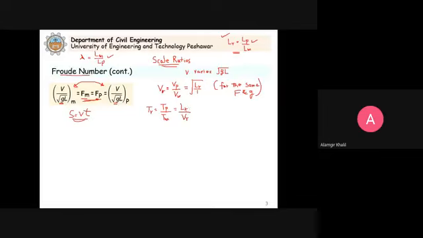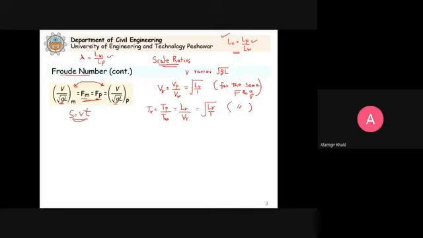Remember, whenever you see R, it means that it is P by M for that quantity. So now LR is LR and VR is already written here, square root of LR. So that's why this can also be written as LR divided by 1, because this is for the same F and G.